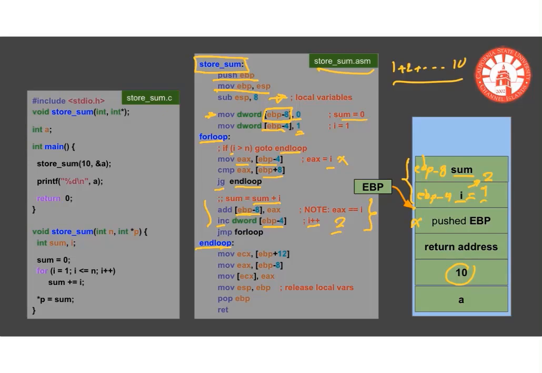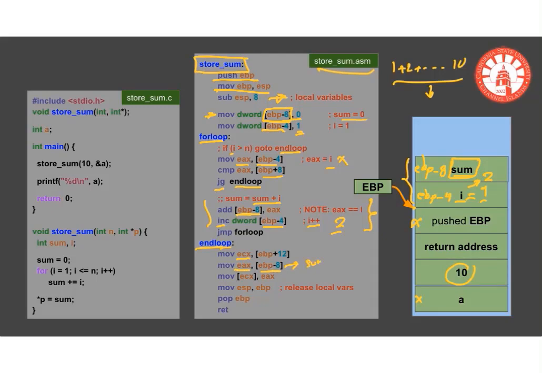In end loop, now we have our sum that has all these summed values, and then we move EBP plus 12 to our ECX register, where EBP plus 12 is our pointer at this point, A. Then we move EBP minus 8 into the EAX register. What is EBP minus 8?